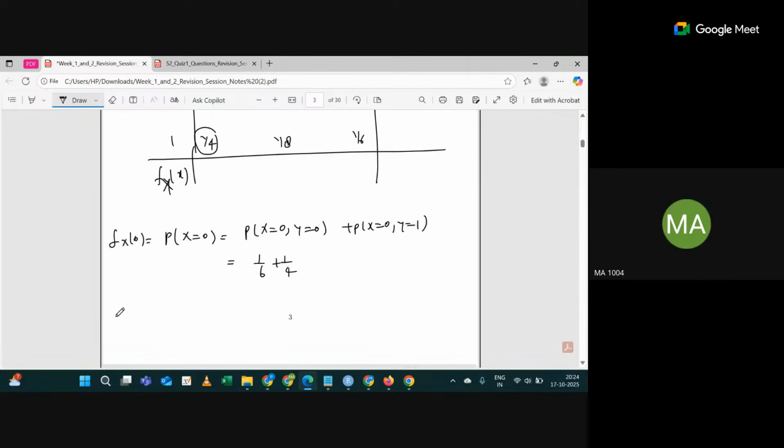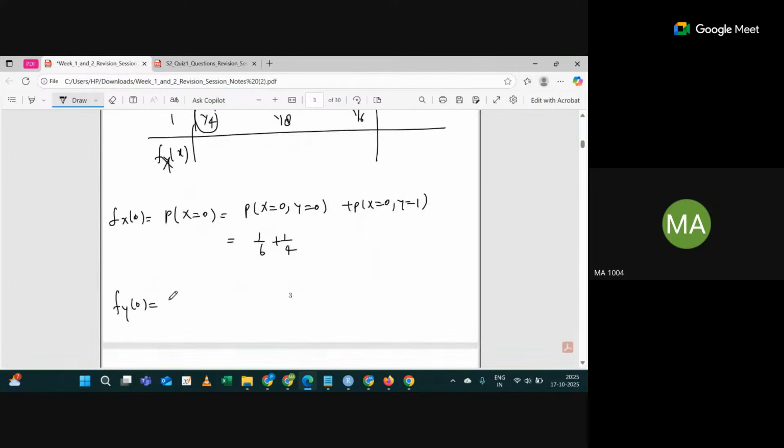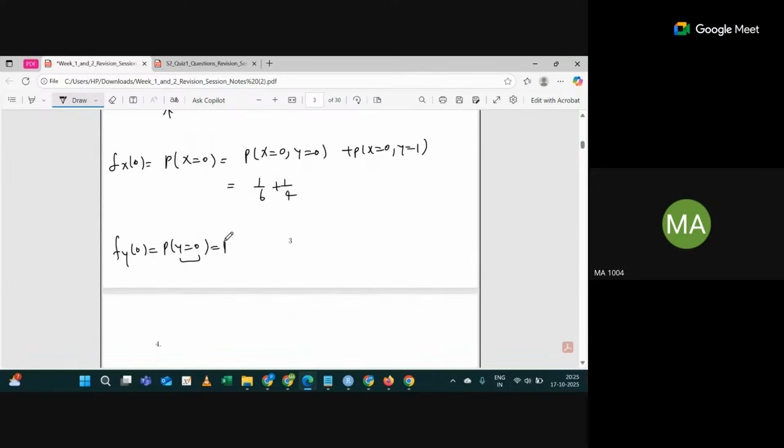What if I ask fy of 0? fy of 0 means this first row, so I have to add these entries. This means probability y equal to 0. Just try to understand this event: probability y equal to 0 means when x is 0 and y is 0, or x is 1 and y is 0, or x is 2 and y is 0.